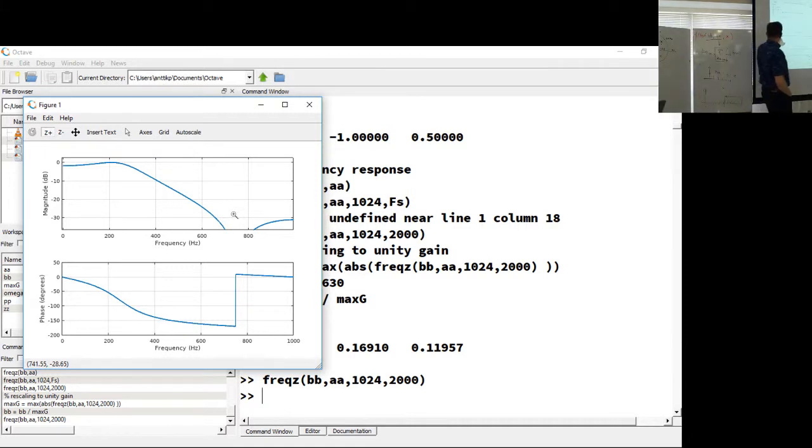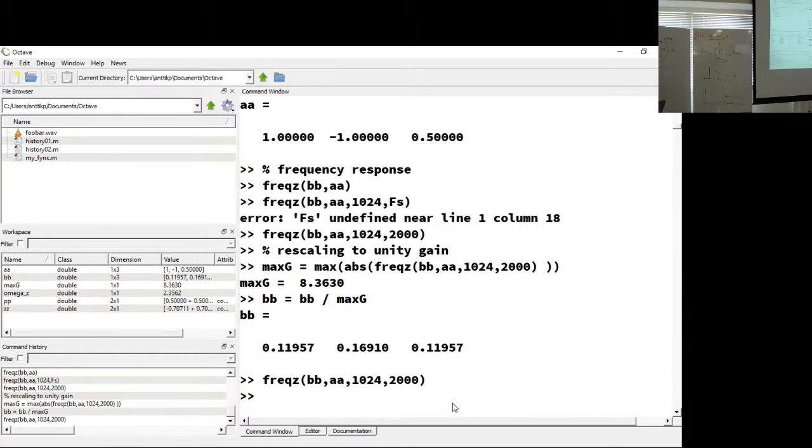What do you say about the phase response? It's non-linear. Non-linear phase response. Linear would look exactly like a straight line. Actually, it looks like a straight line, right? Okay.